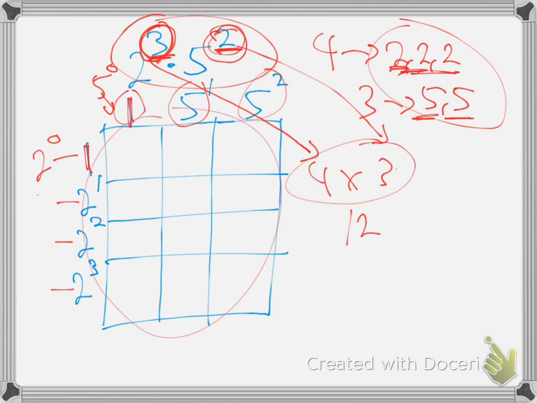I don't even want to find them, but I just want to know how many. Now we're into how many. I don't care what they are. Just how many are there going to be? So let me see if you're getting this. What if I gave you 7 squared times 11 to the first power?